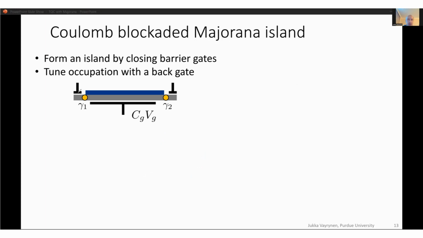Once we have this segment with the superconductor on top of the semiconductor that induces these Majoranas at the ends, what we can do is put depletion gates here that basically form tunnel barriers at the ends.